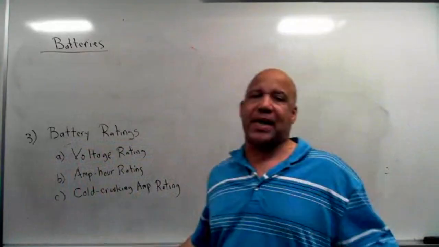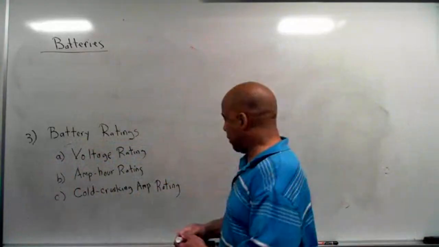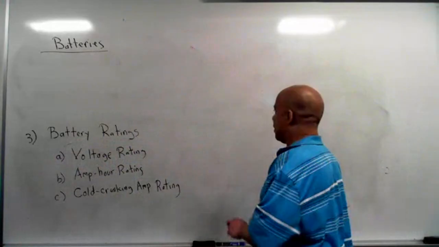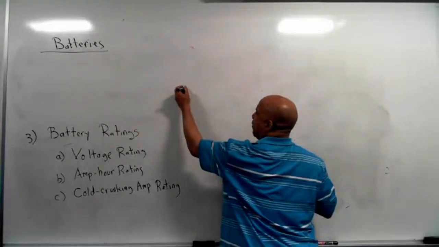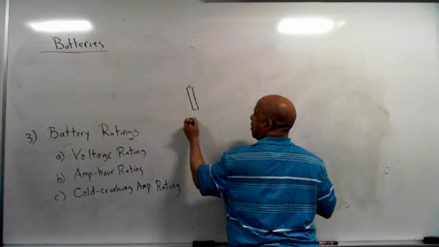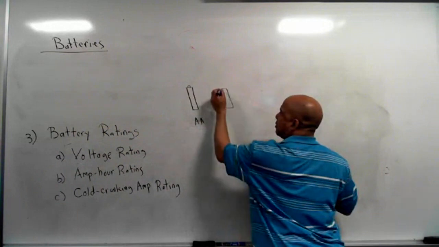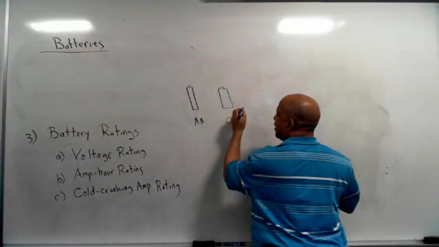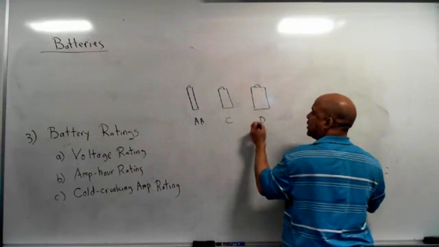Now, the one that everybody knows about, and I'm not going to talk about, is the voltage rating. What you might not know, remember you have the cells that we talk about, like a AAA and a AA. So you might have this one, might be a AA cell. You might have this one, which is a C cell. And then you got that one, which is the D cell.